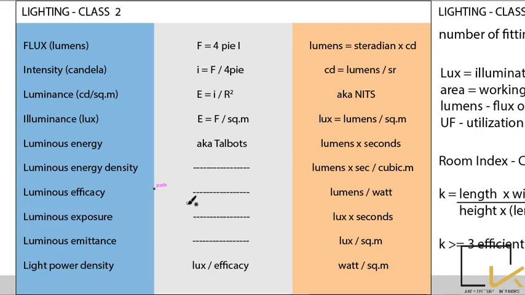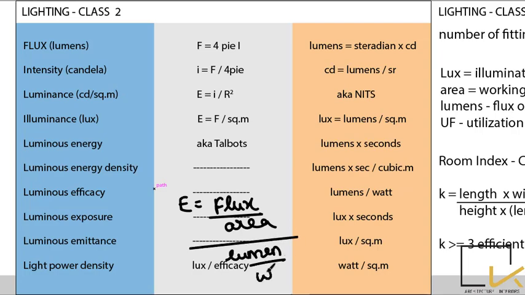Now see, lux is nothing but E, and E is flux upon area. Efficiency is lumens per watt. So light power density is equal to lux divided by efficiency, that is flux per area divided by lumens per watt. Flux and lumen are the same thing, so they get cancelled.